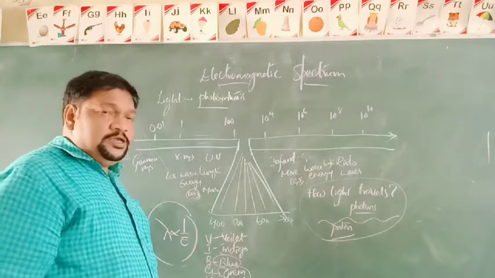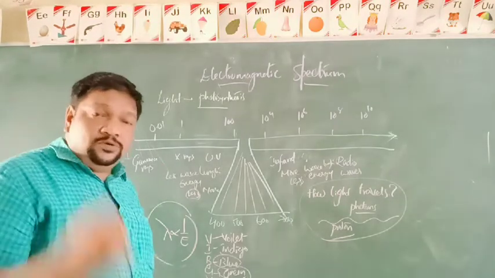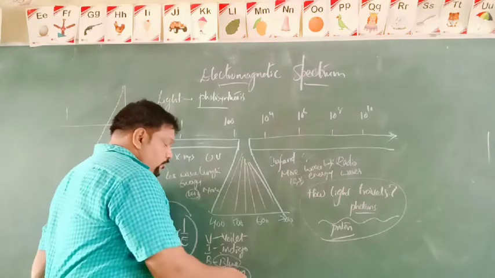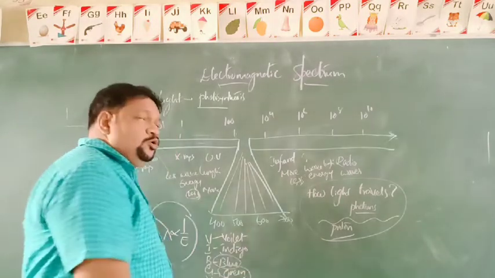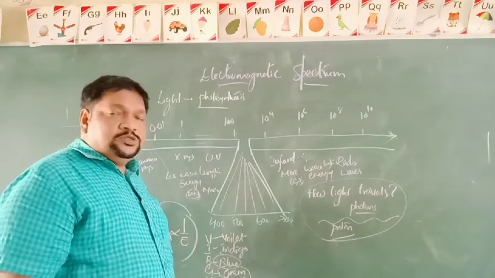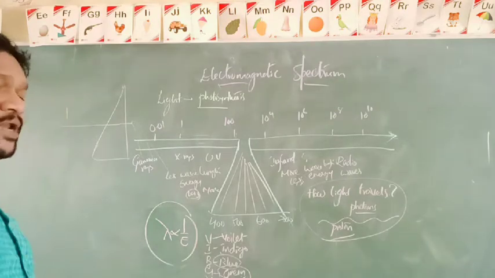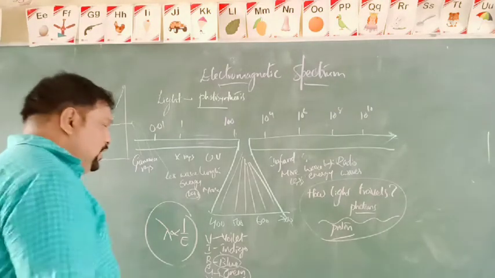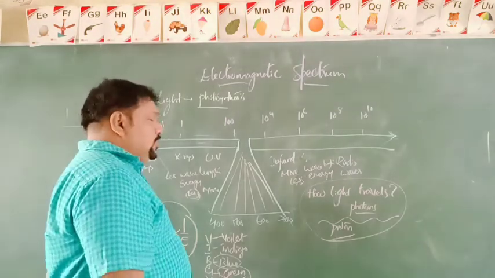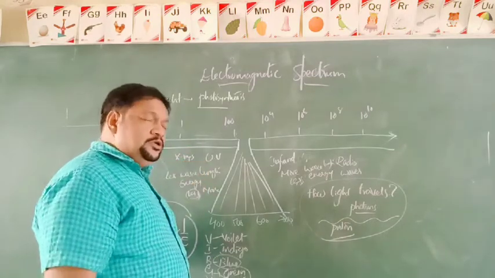You are not supposed to say because of the presence of chloroplast. You must say because of the presence of chlorophyll. This chlorophyll reflects the green light. All plants look green because of the reflection of green light by the chlorophyll pigments present in the chloroplast.